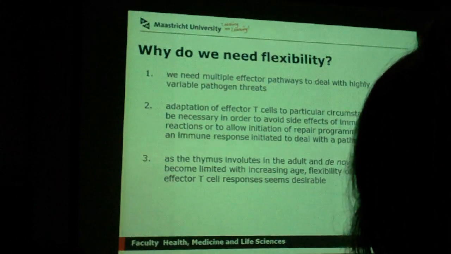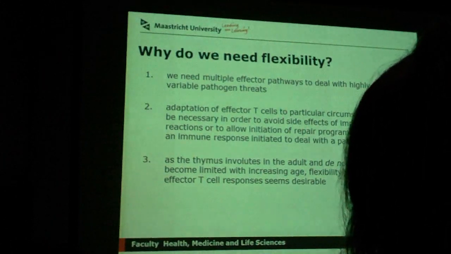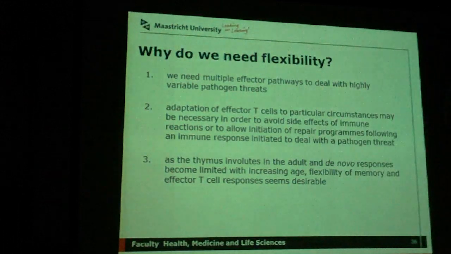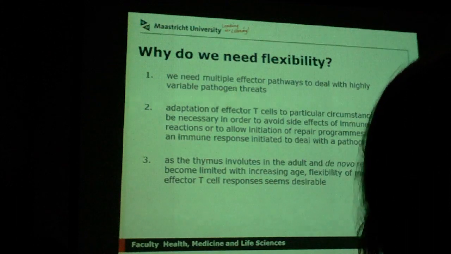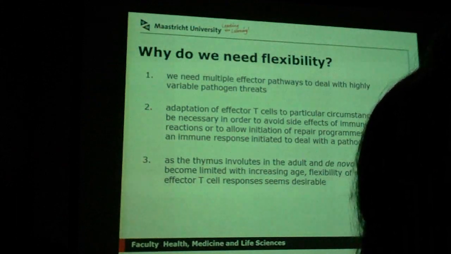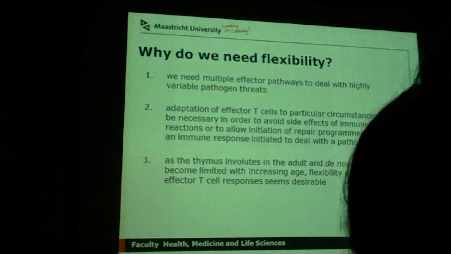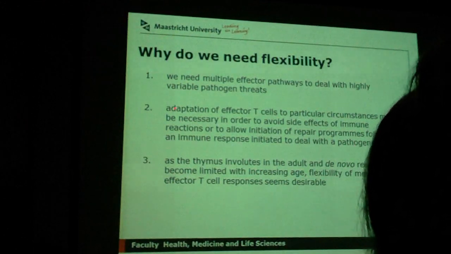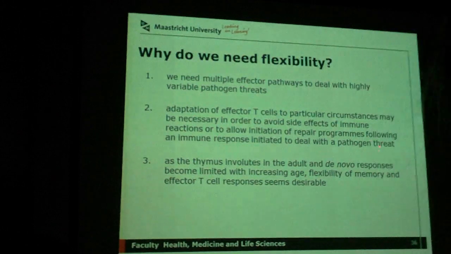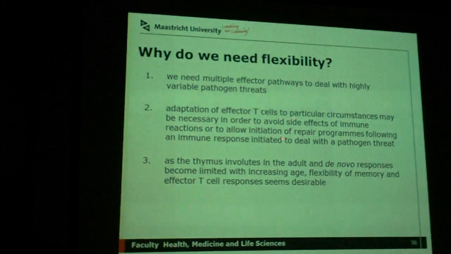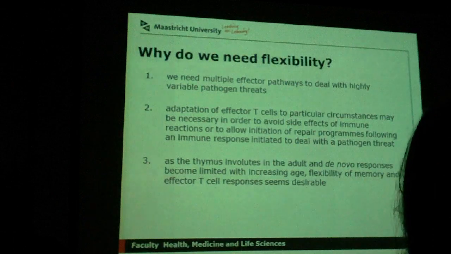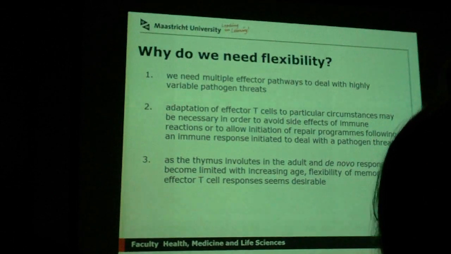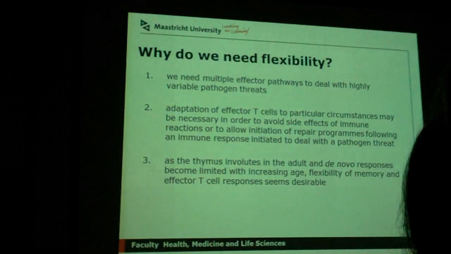Secondly, an immune response is going in phases. In the beginning, you need the development of the response, then you have the effective phase, and then it needs to dampen again. And in the beginning, you need an immune response to deal with the pathogen, but later on you may need repair programs to repair also the tissue damage which has occurred during this response. So that's another reason why we might need flexibility.